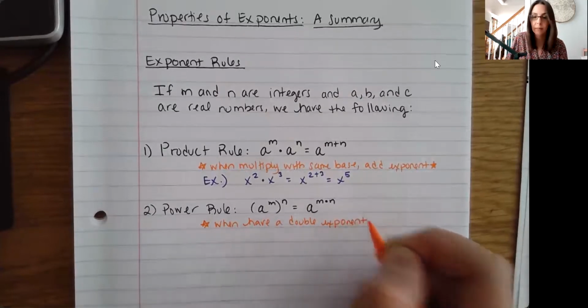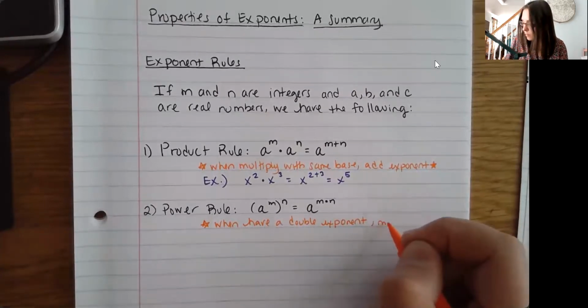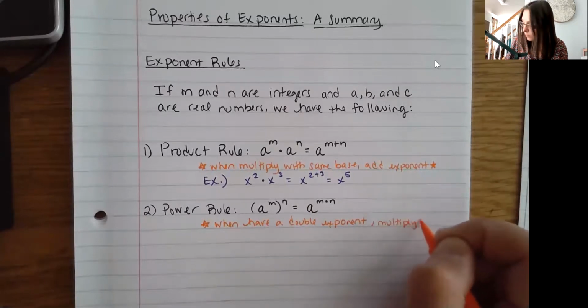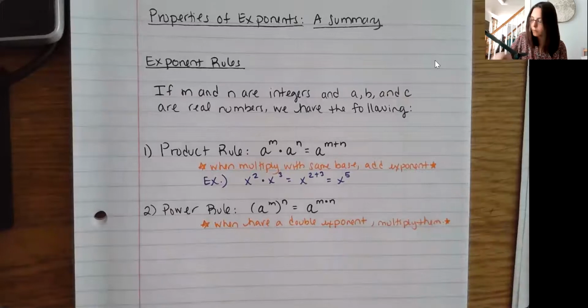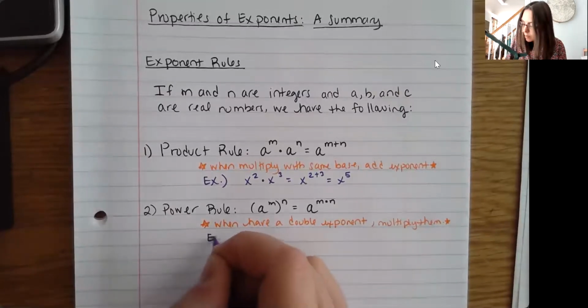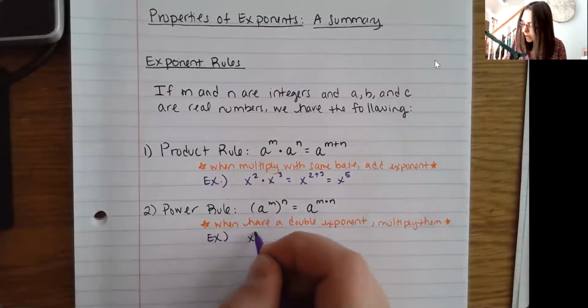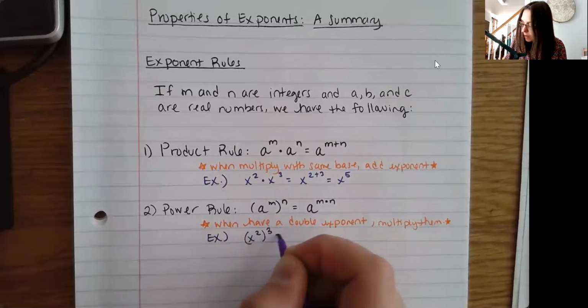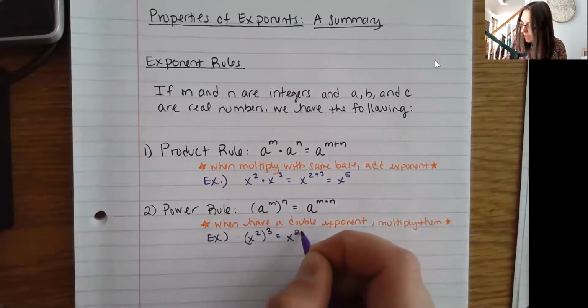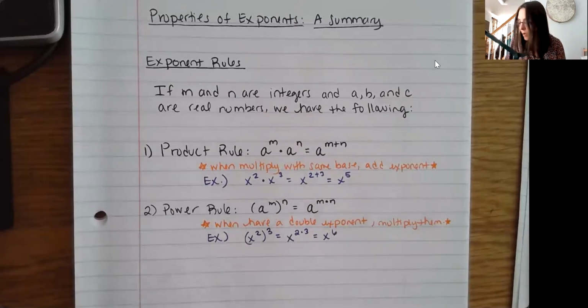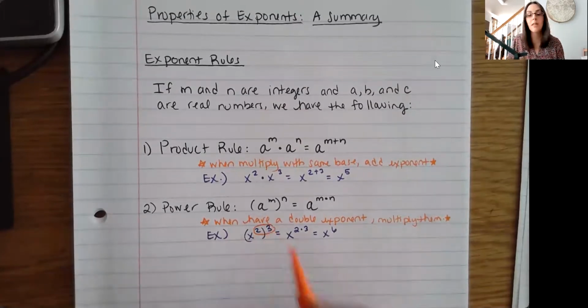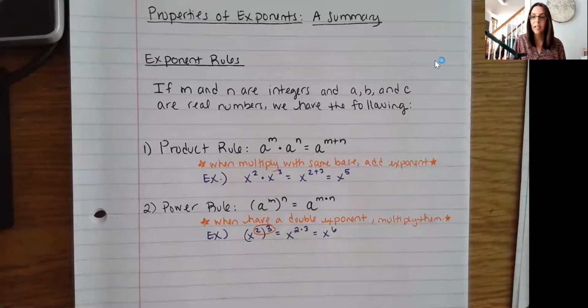It's easy to understand. For example, something like x squared to the 3rd power is x to the 2 times 3, which is x to the 6th power. And I also tend to circle those. I don't know why. It just helps me visually see that double power and remember to multiply it.